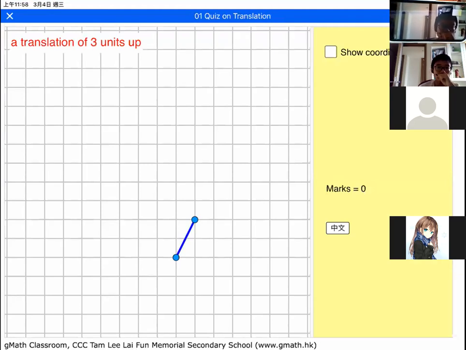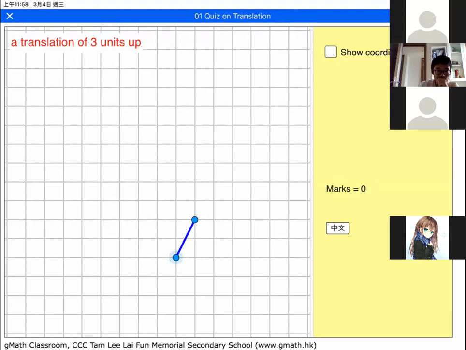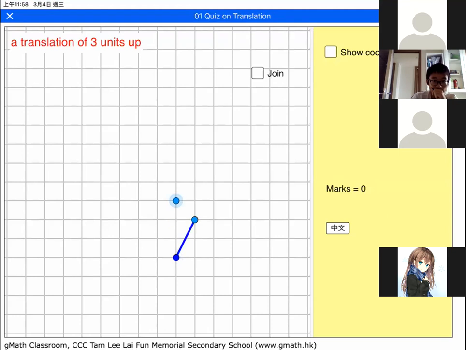Once you are trying this, you can do it like what I do here. I put the cursor on the point, and then I can drag it like this. When you try on your own, you can also do it like that. Drag this point upwards, drag this point upwards.